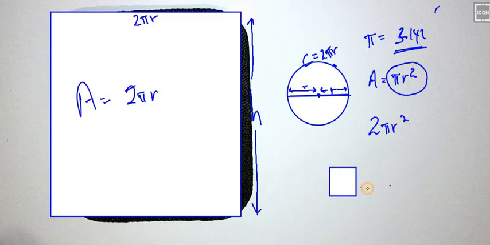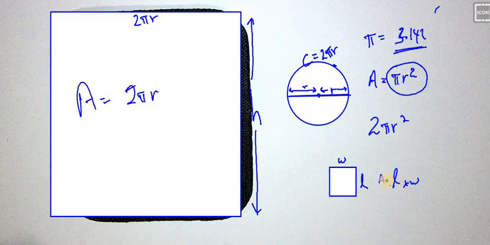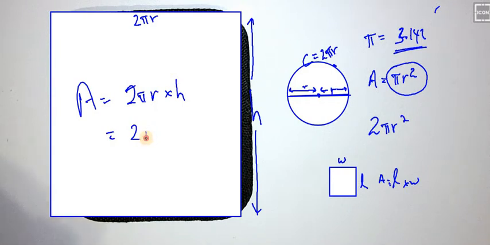So we're talking about this length here times this width here. Length times width is the area for a rectangle. So this is my length, or I can call it the height in this case. I'll multiply it by the width, which in this case is 2 pi r. And so the curved surface area of the cylinder is 2 pi r h.